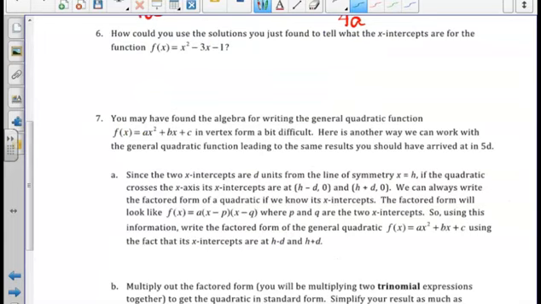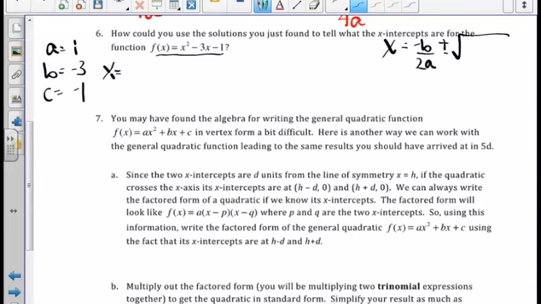We're asked to find the solutions for the x-intercepts of this parabola. If we use the quadratic formula, we always need to know what our a, our b, and our c values are. Recall that the quadratic formula that we wrote on the previous page is negative b divided by 2a plus or minus the square root of b squared minus 4ac all over 2a.